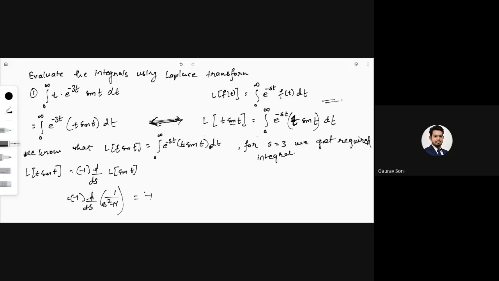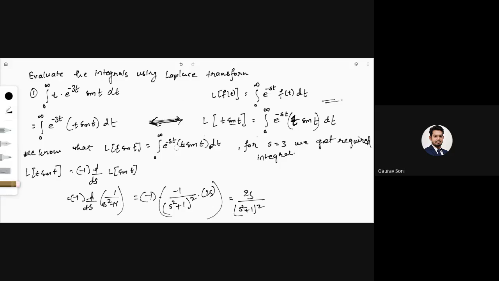So this is minus 1 into the derivative of 1 upon s square plus 1, which is minus 1 upon s square plus 1 whole square, by chain rule, 2s. So this is equal to 2s upon s square plus 1 whole square.